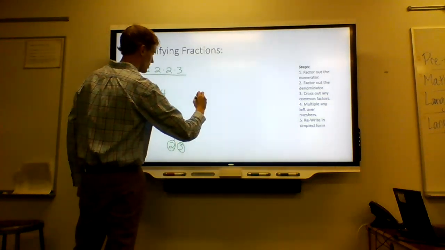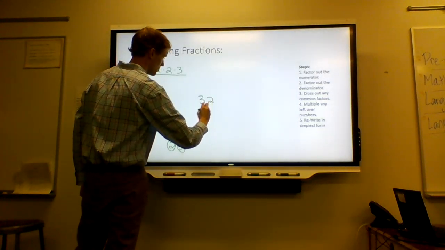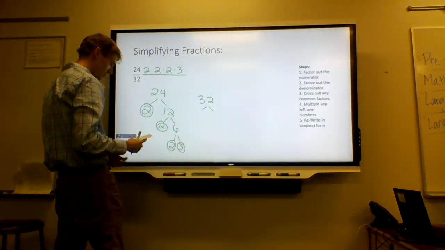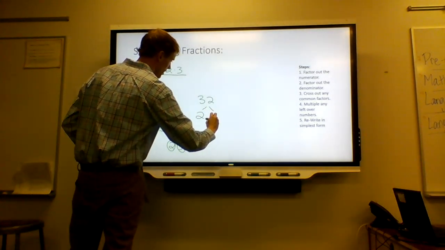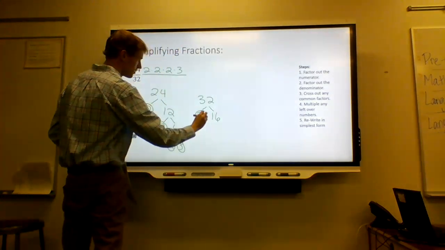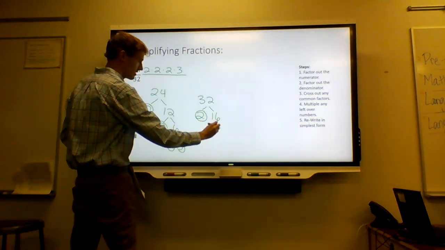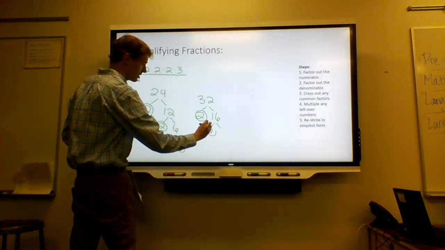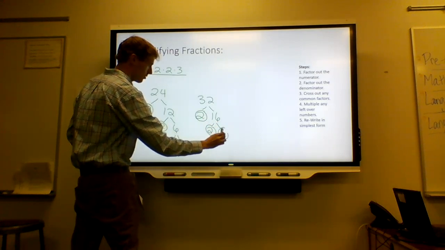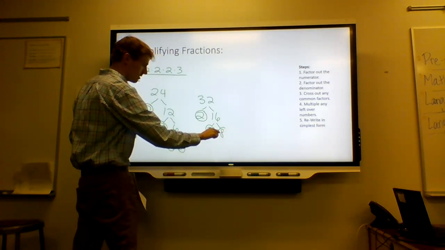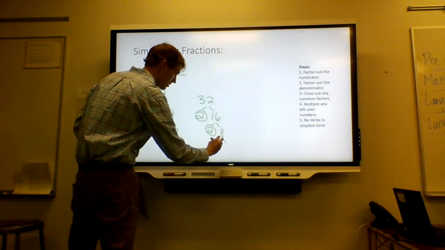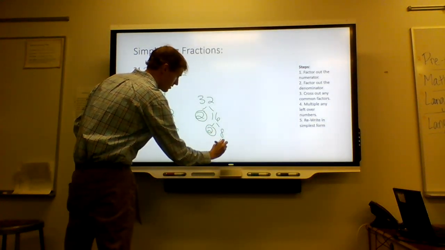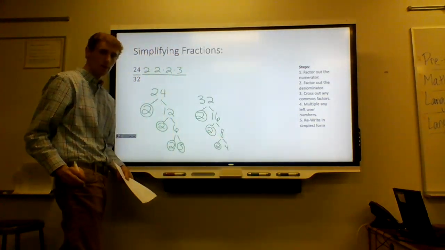So we're going to factor out 32. 32 can be factored out into 2 and 16. We can break 16 up into 2 times 8. Oh, I'm circling 8. Not supposed to, so we can still factor out 8 into 2 and 4.